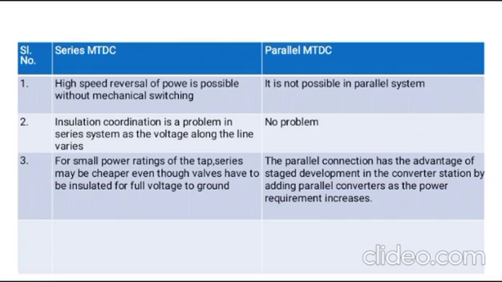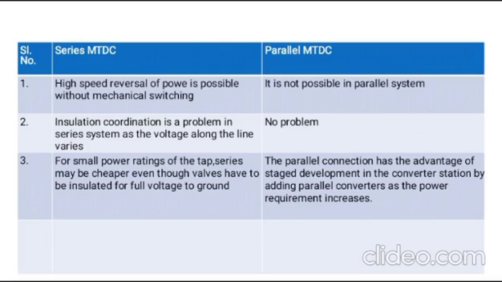Insulation coordination is a problem in series systems, as the voltage along the line varies. Because it is a series system, the voltage along the lines will vary, so insulation coordination is a very big problem in series MTDC. But in parallel MTDC, it won't be a huge problem.